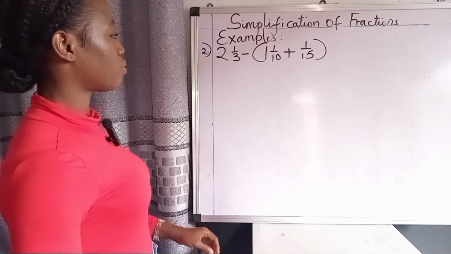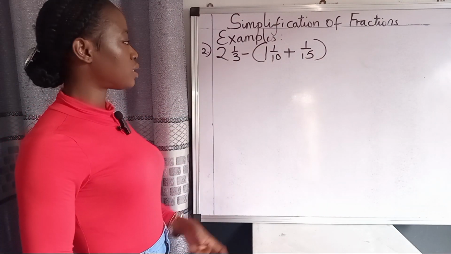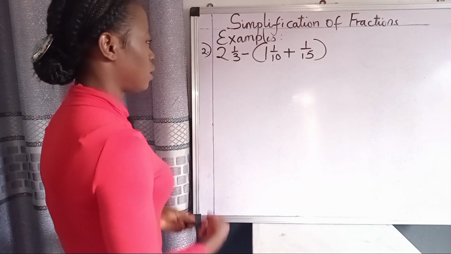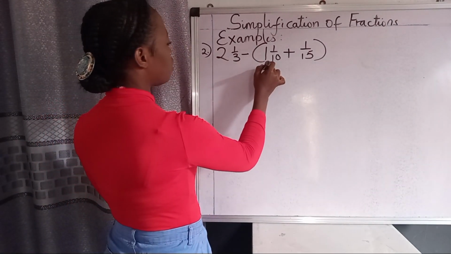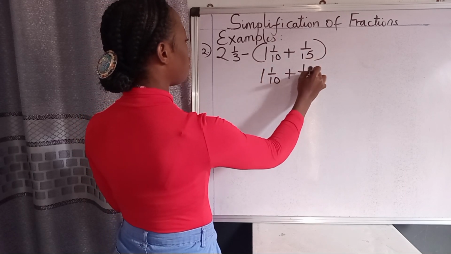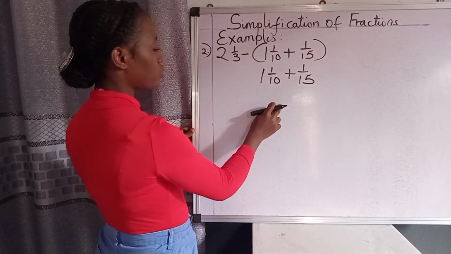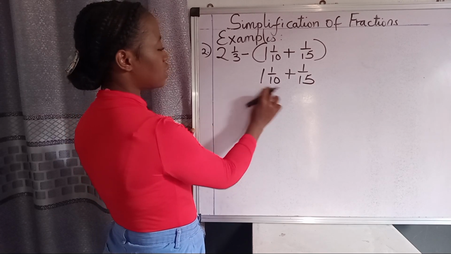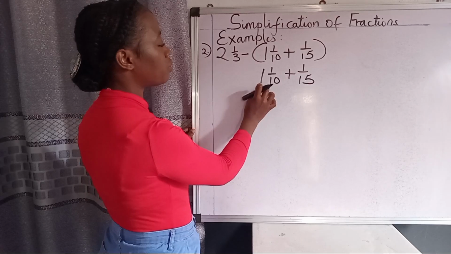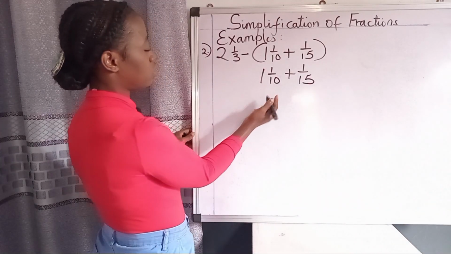Okay, now what we are going to do first is work out what we have in this bracket. Now in the bracket, I have 1 whole number 1 over 10 plus 1 over 15. I need to change this mixed number to an improper fraction.